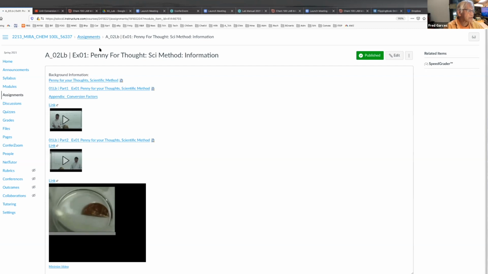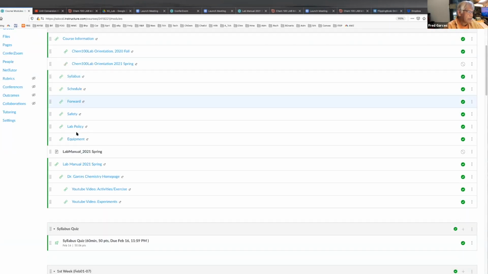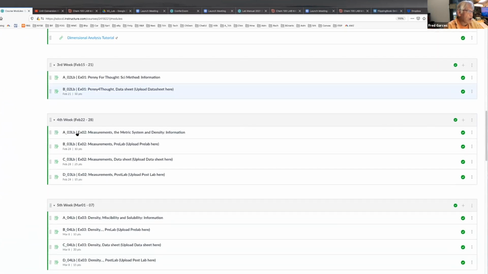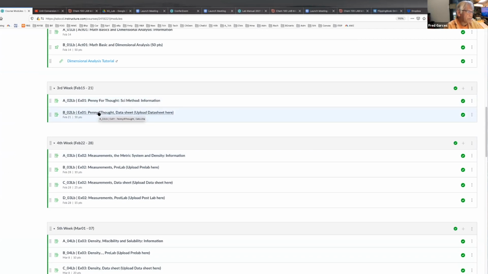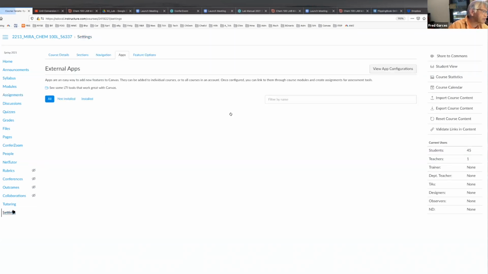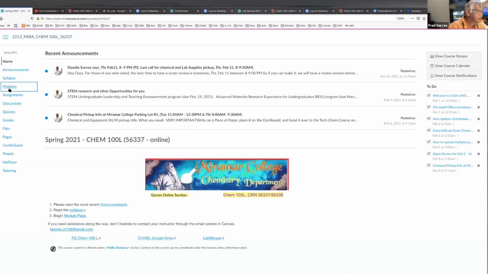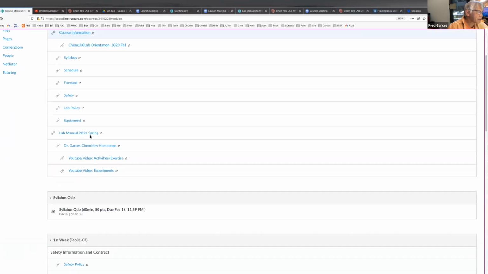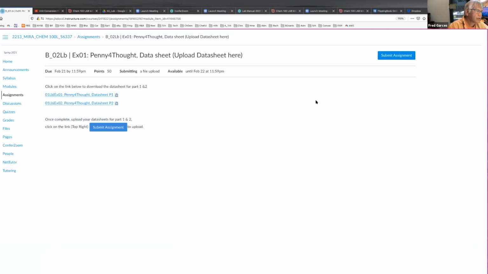Let me show you where you need to file this experiment. You need to file it right here under part B. Let me do a student view. Under student view, you're going to see this. There's a submit button right on top here.